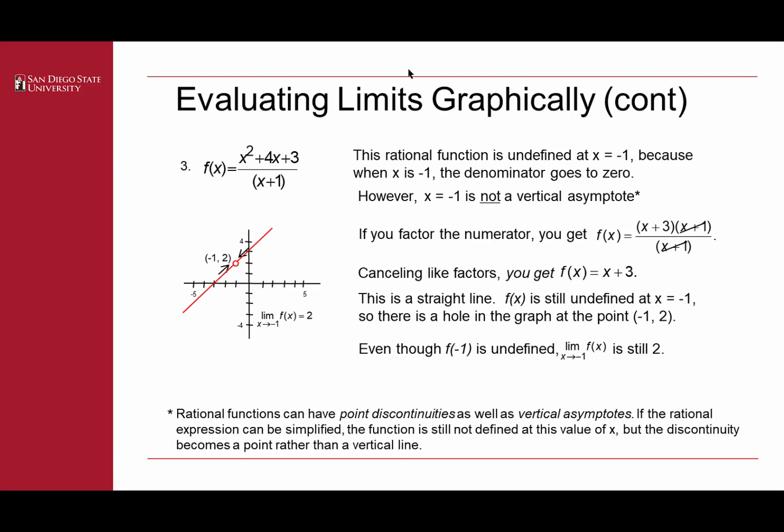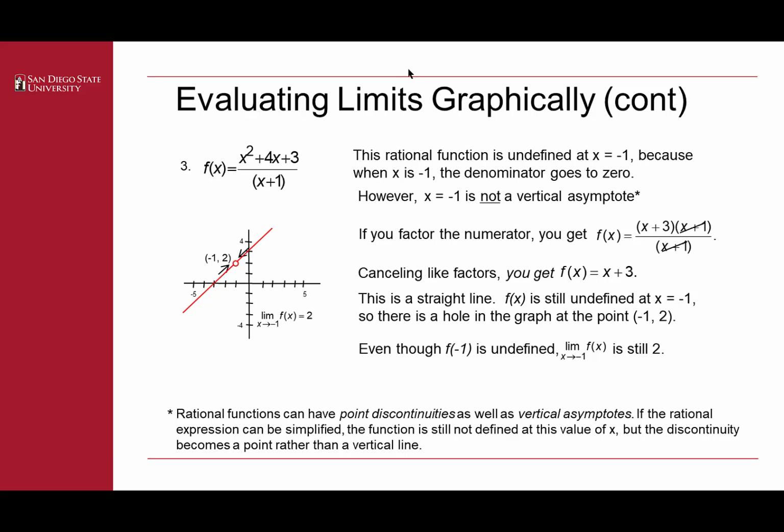Here we continue with another example where f(x) is defined as x squared plus 4x plus 3 over x plus 1 in the denominator. This rational function is undefined at x equals -1 because when x is set to -1, the denominator goes to 0 and it will be undefined.